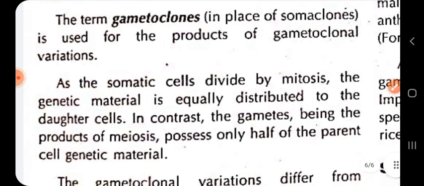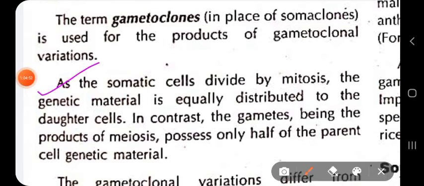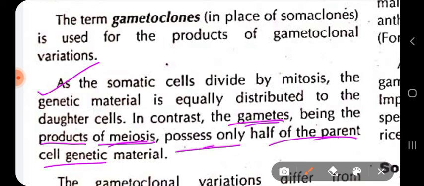Now, as somatic cells divide by normal mitosis, the genetic material is equally distributed at the diploid level to the daughter cells. But gametes, being products of meiosis, possess only half of the parent cell genetic material.